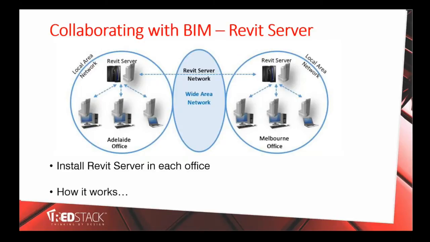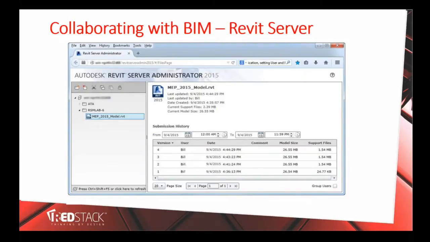Administration of the server or the network is generally done through a browser application, and administrators can manage the central files here. Typically you would access it by entering a Revit Server Admin 2015 or 16, whatever depends on the application you have installed.